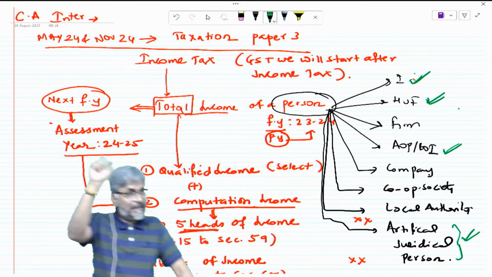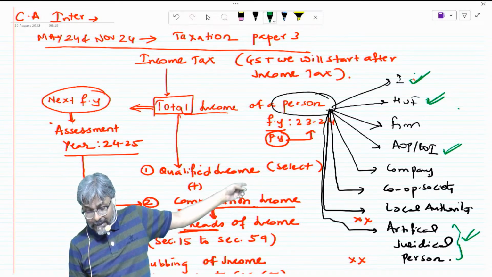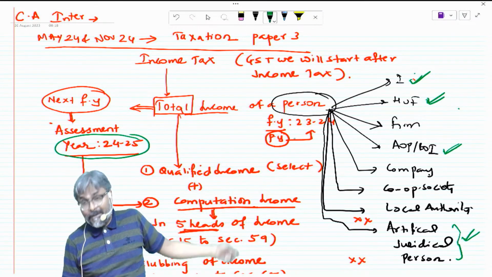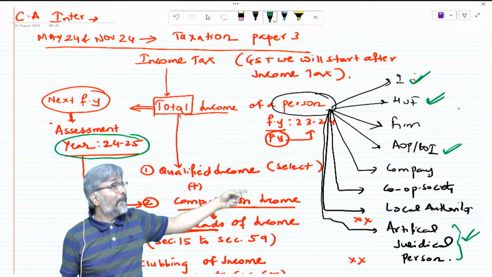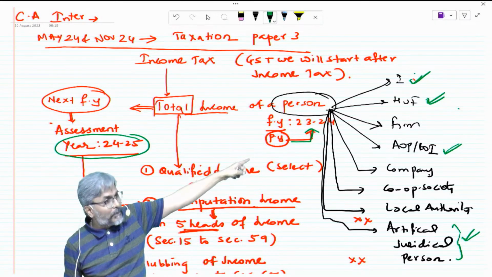Means in the next assessment year, what is the next assessment year? Assessment year 24-25. When I will compute what? My total income of which previous year? Previous year 23-24.